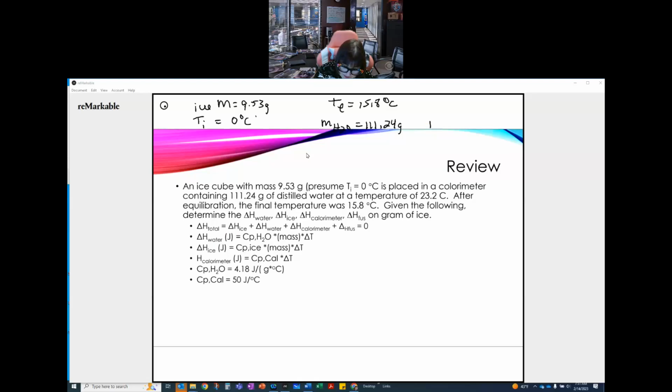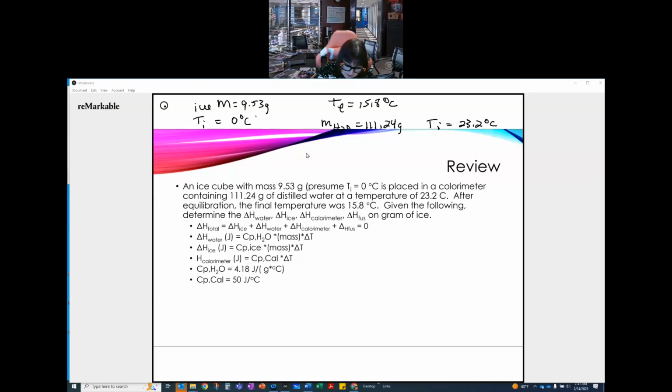And the Ti for the H2O equals 23.2 degrees C. Okay, so my water is at 23.2 when I start. That's how much I have, this 111.24 grams. That then gets to 15.8 degrees C. My ice, which is 9.53 grams, starts at 0 degrees C and goes to 15.8.